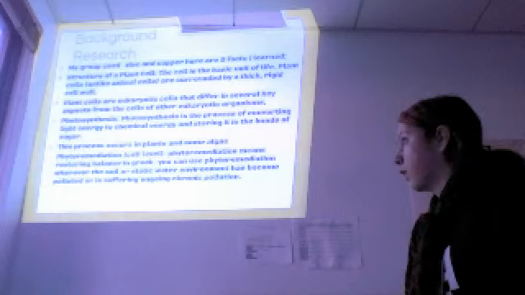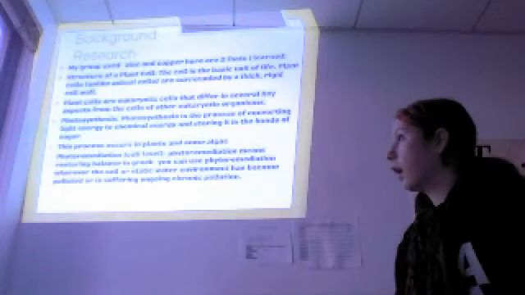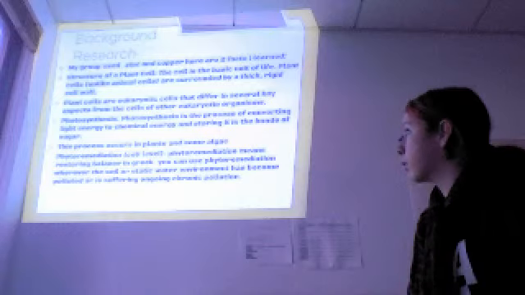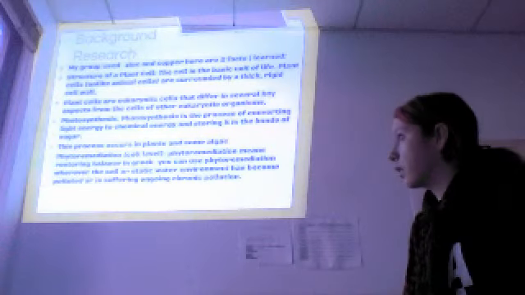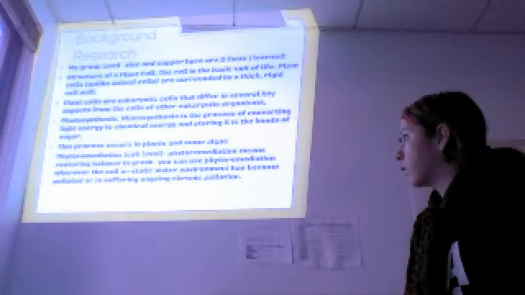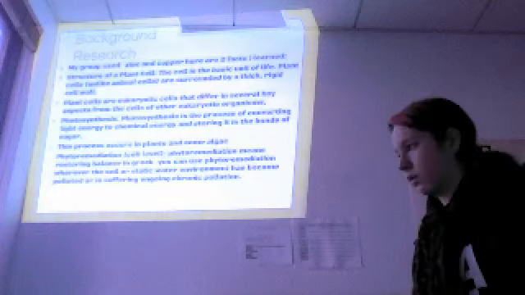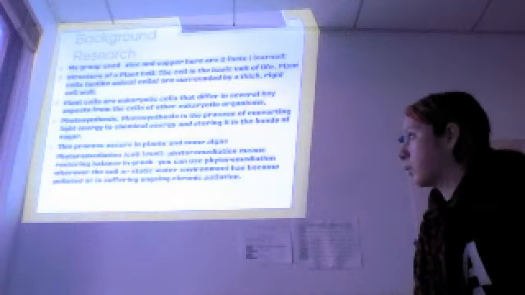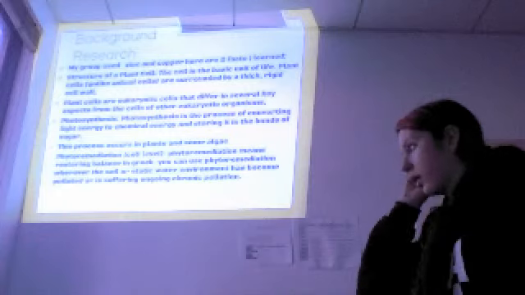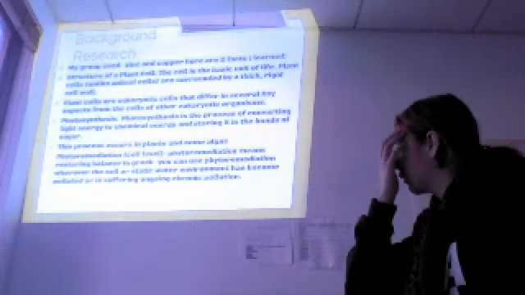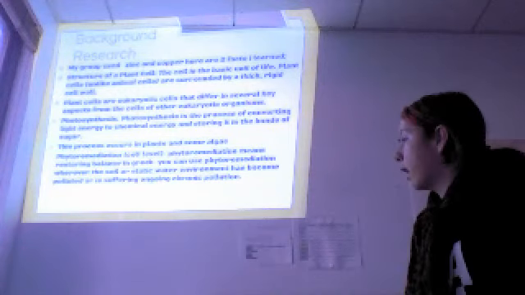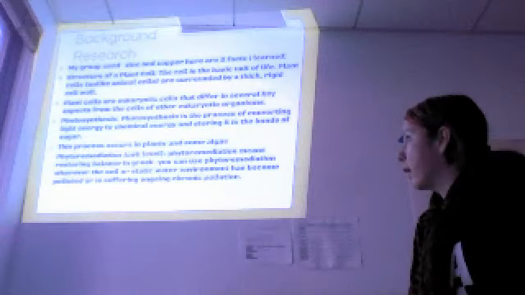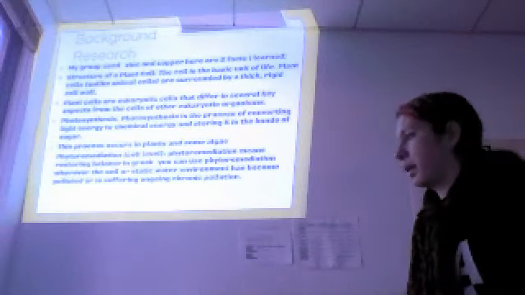Also, that plant cells are eukaryotic cells and that they differ in several key aspects from the cells of other eukaryotic organisms. I also learned about photosynthesis, and that's the process of plants making food.